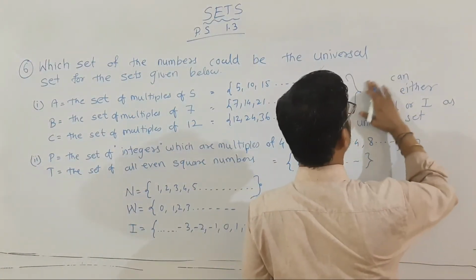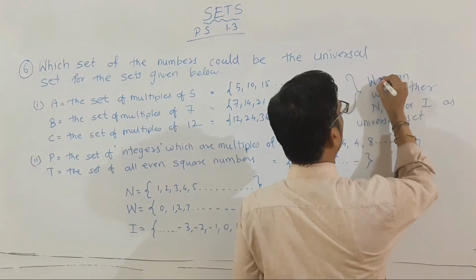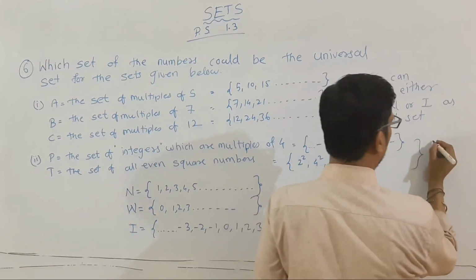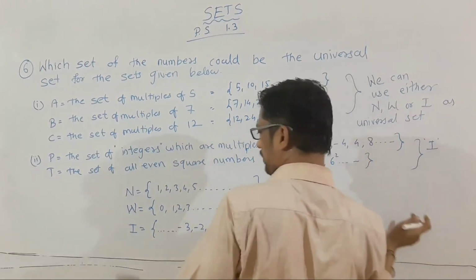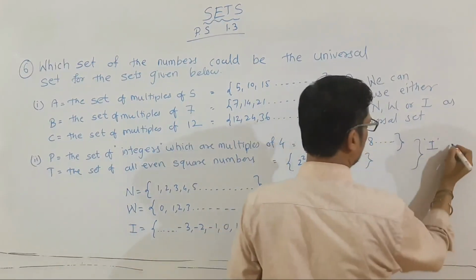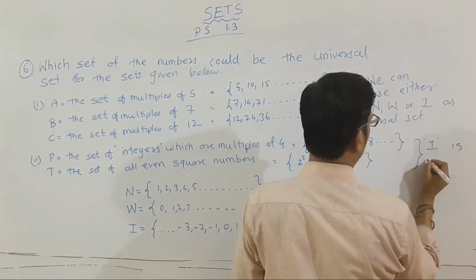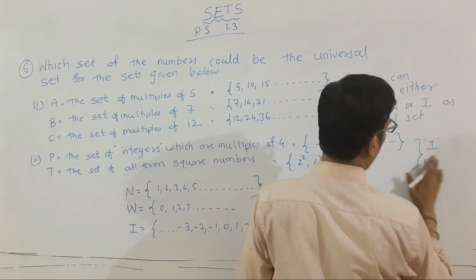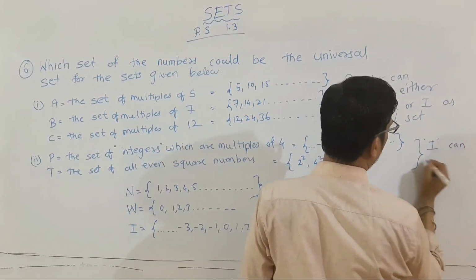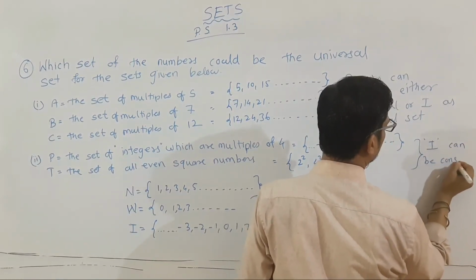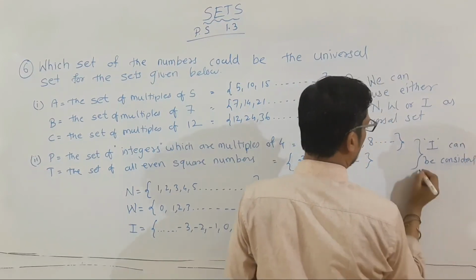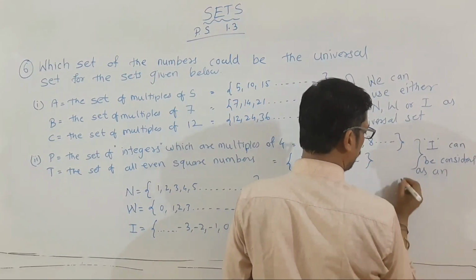Here I am writing it over here: we can use I, that means the set of integers, as a universal set.